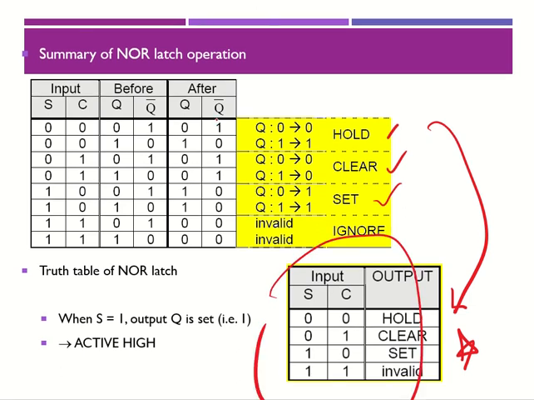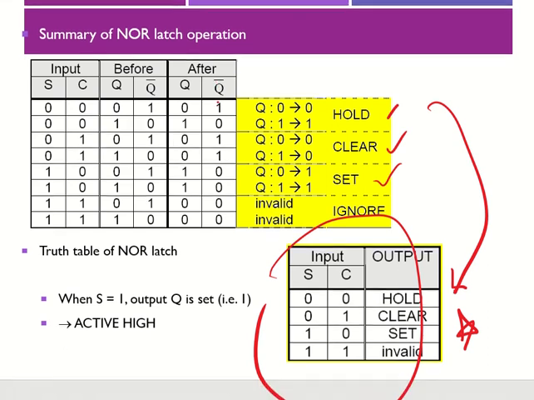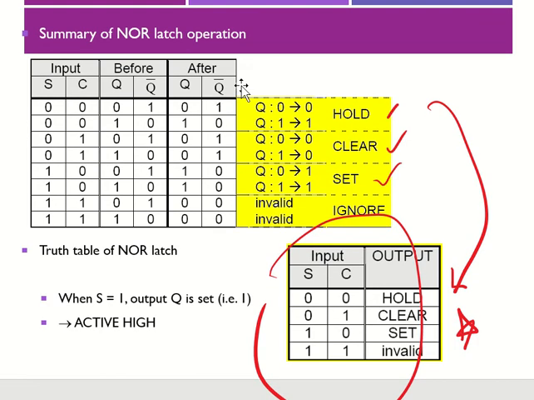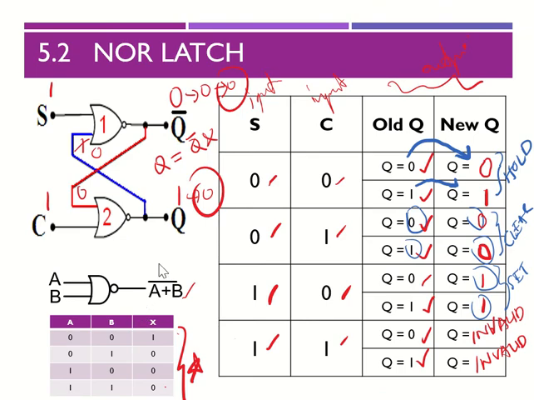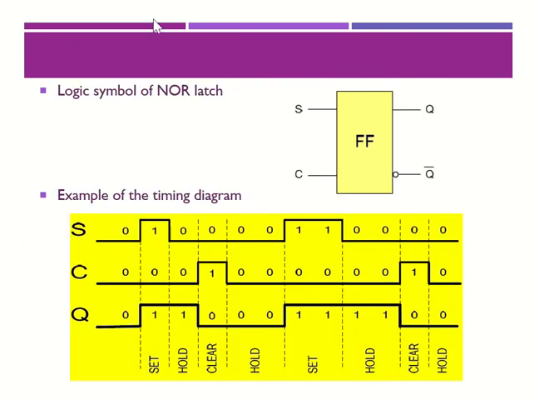Okay, next let's see a small example. So this is an SC flip-flop. So sorry, this is a NOR latch. So you're going to have S and C over here, and this is the output. So you need to remember the truth table.